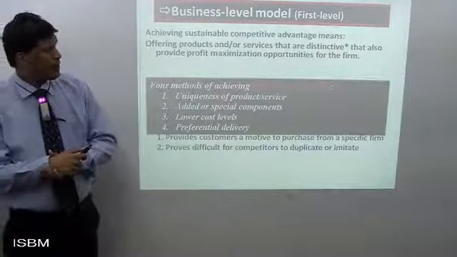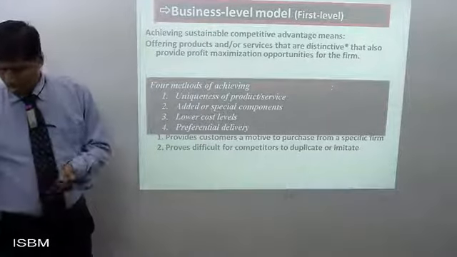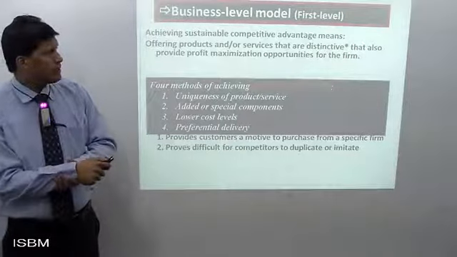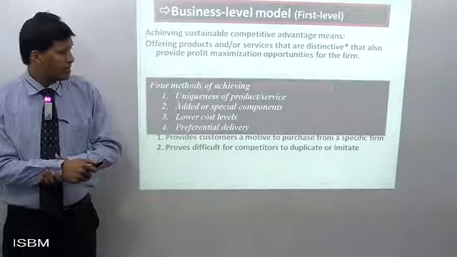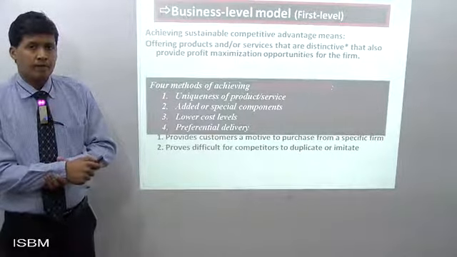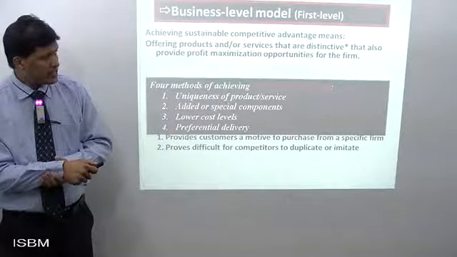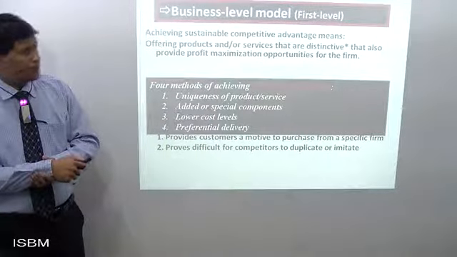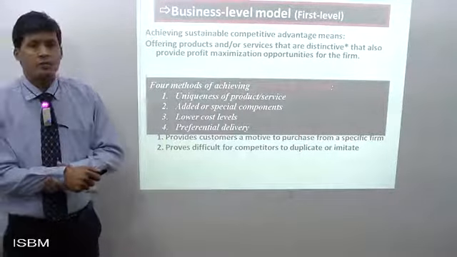So when we look from a business level model, we are looking at achieving sustainable competitive advantage, which means offering products or services that are distinctive, that also provide profit maximization opportunities for the firm.